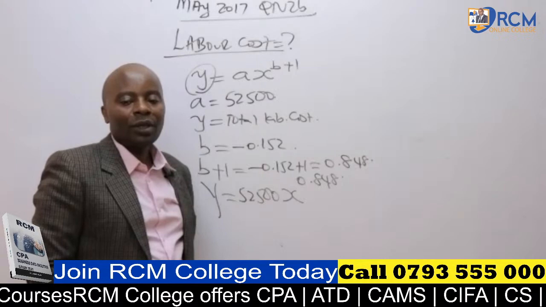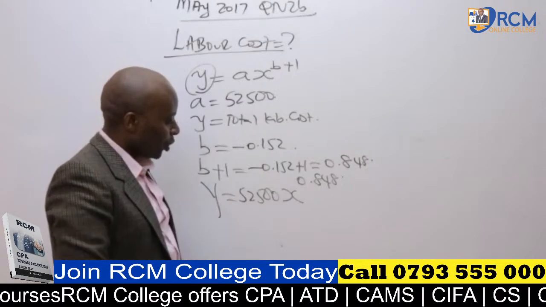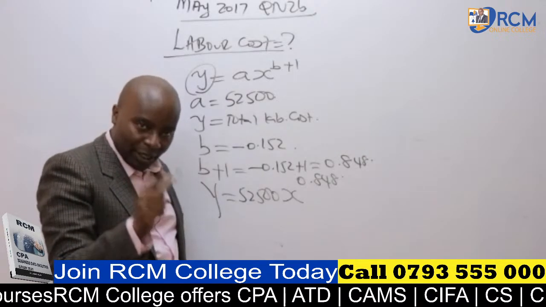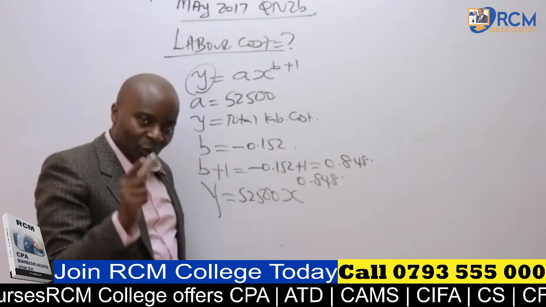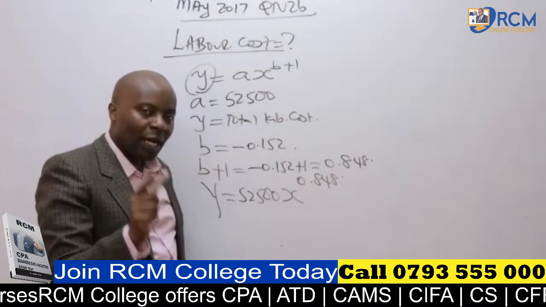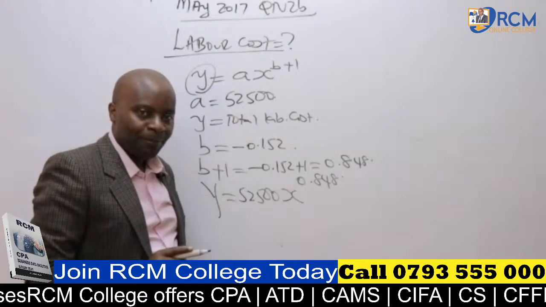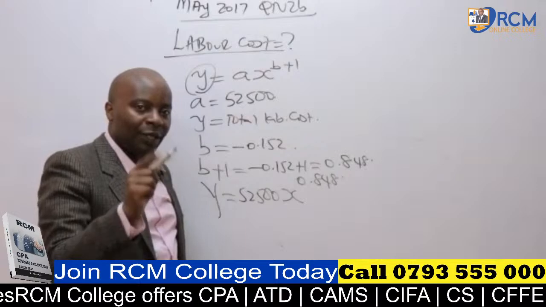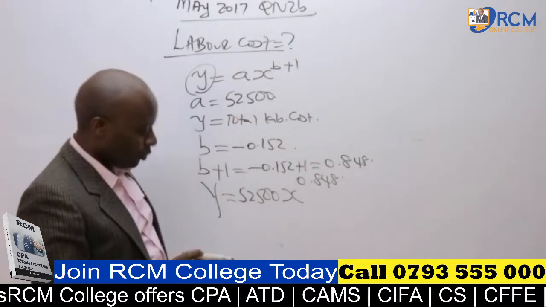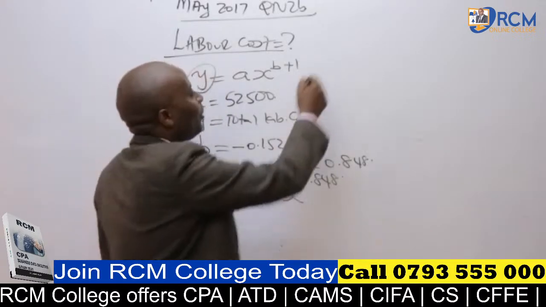So ladies and gentlemen, the moment I have the equation, now I can embark on my journey. The journey here is to get the total labor cost of 256,000 units. Remember, they are producing in batches of 1,000. So first of all, give us the number of the batches.